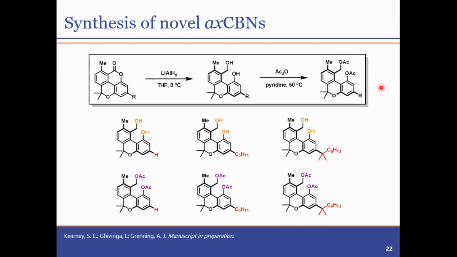And so the reason that we synthesized both series was strategically to probe the effect of structural modifications on the barriers to equilibration of the atropisomers. And so we synthesized a small collection of axially chiral cannabinols, both for study of their atropisomerism properties as well as their biological activity.